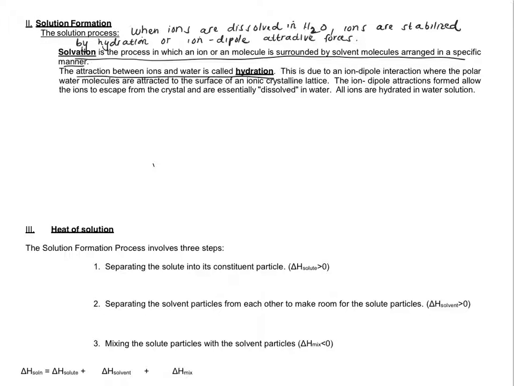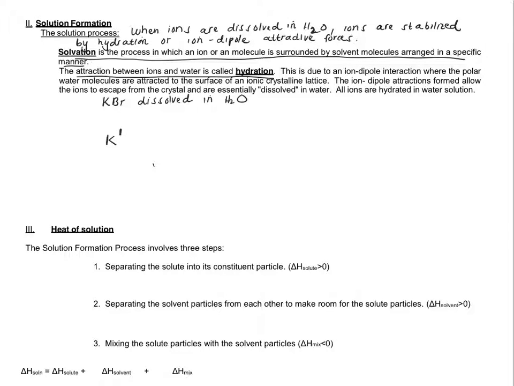But the solvent and the ions are arranged in a specific manner. For example, if we have potassium bromide dissolved in water, potassium bromide is the ionic compound and water is your solvent. So what happens is at the surface of your potassium bromide crystal lattice, those ions are going to be taken away by the water molecules first.